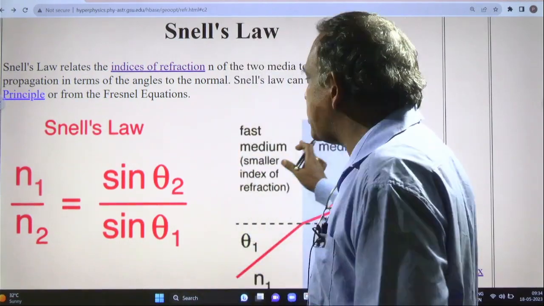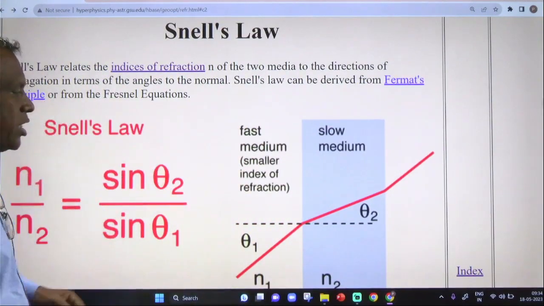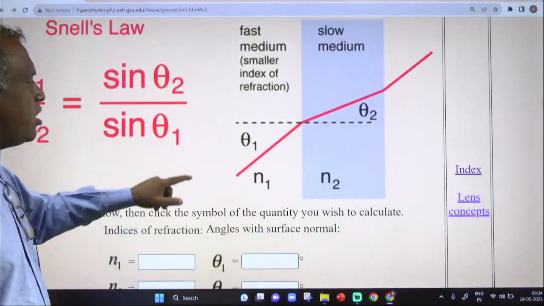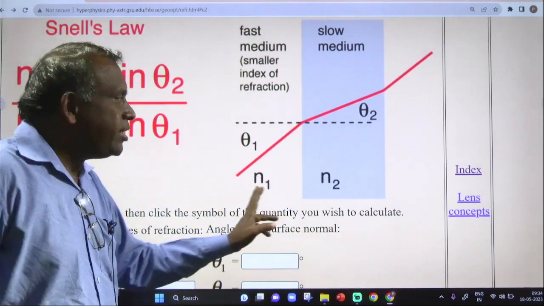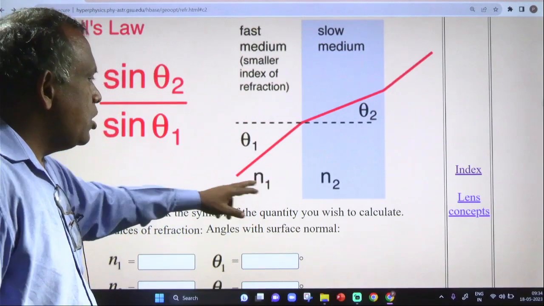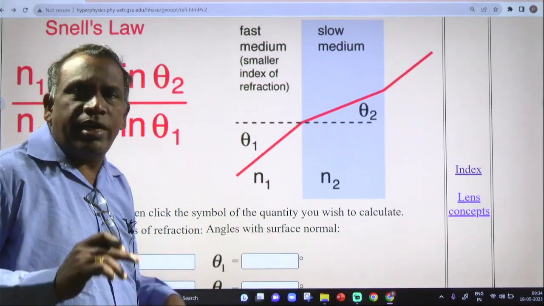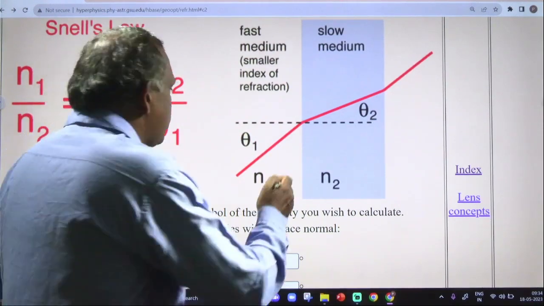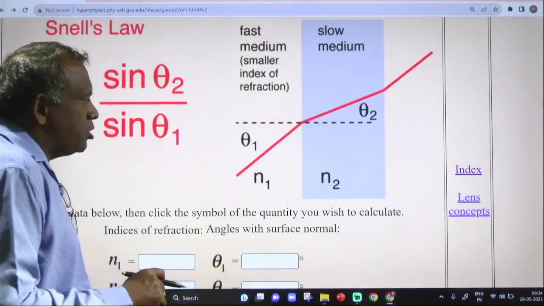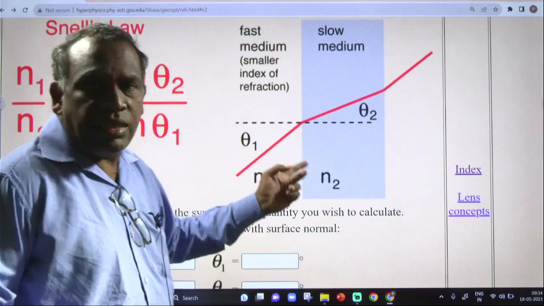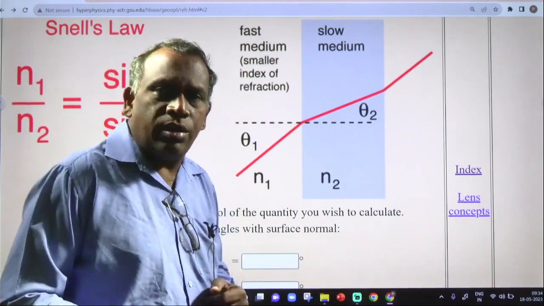Snell's law is n1 sin theta 1 equals n2 sin theta 2. What are theta 1 and theta 2? n1 is the first medium, n2 is the second medium. Light travels from n1 to n2. Theta 1 is the angle between the normal and the incident ray, present in the medium n1.